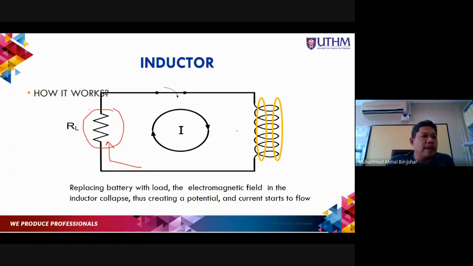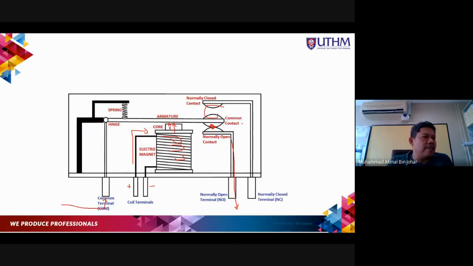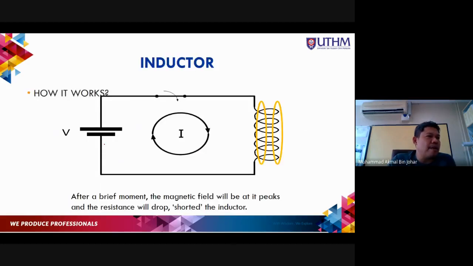There is a different potential, because when it's fully charged, current will not flow anymore, because you have the same potential here and here. So if this is 5 volts, this is also a 5 volt potential.